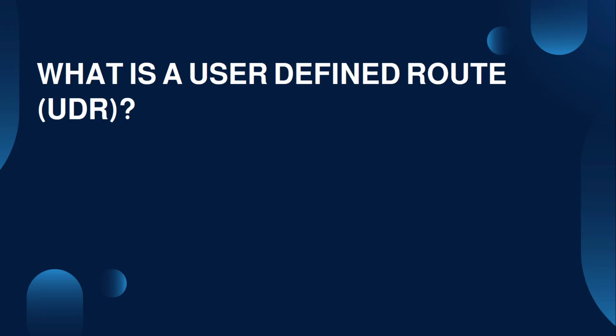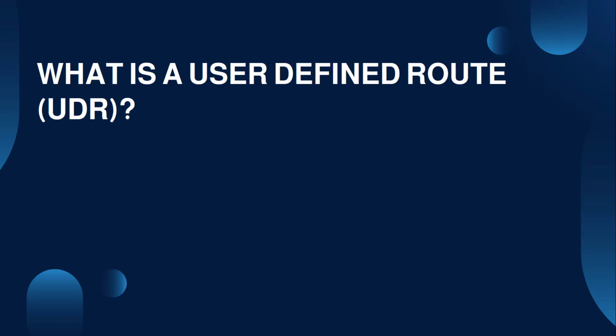If you want to route or force your traffic to on-prem, you can actually do that. If you want to block traffic from routing to the internet, that is 0.0.0.0/0, you can easily do it. A UDR basically consists of an address prefix, a CIDR range.